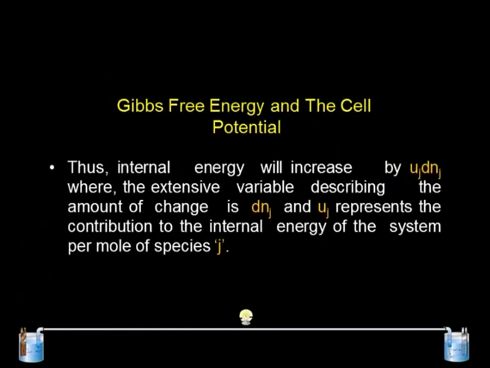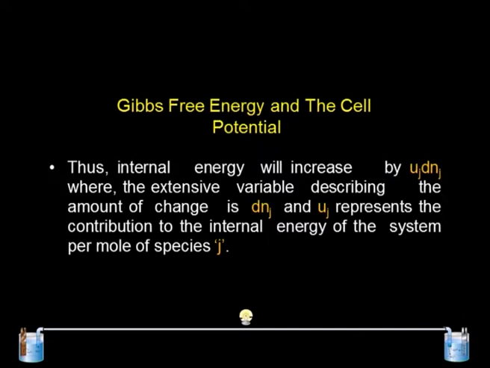Thus, internal energy will increase by U_j dn_j, where the extensive variable describing the amount of change is dn_j, and U_j represents the contribution to the internal energy of the system per mole of species j.